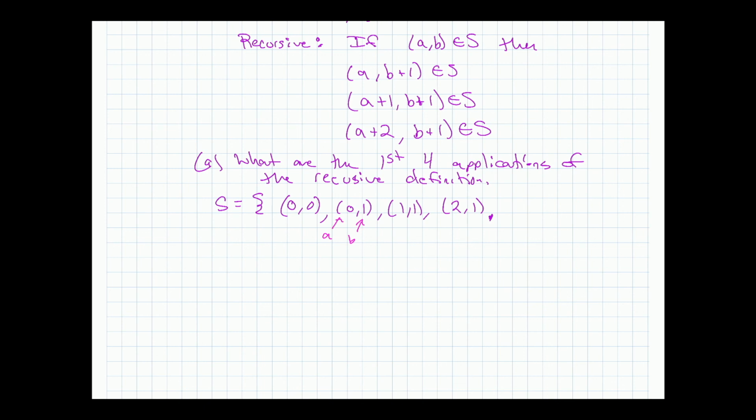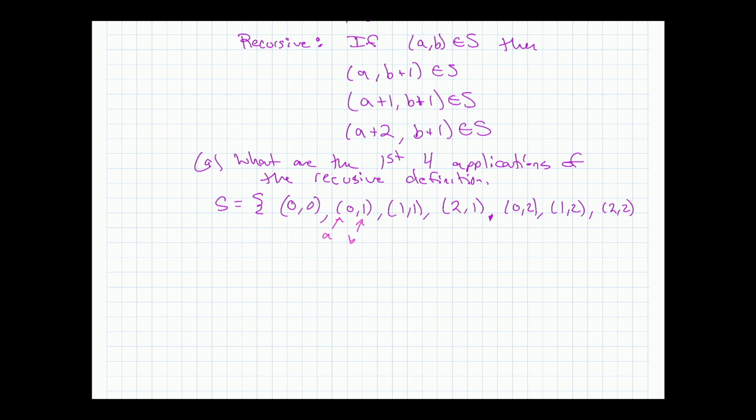So if you use that as your A and your B, then what stuff are you going to get in the set? Well, A, B plus 1 is going to be 0, 2, which we have not written yet, so we'll write it. A plus 1, B plus 1 is going to be 1, 2, which, again, we don't already have, so that's worth writing. And then the last one is A plus 2, B plus 1, so that would be 2, 2.